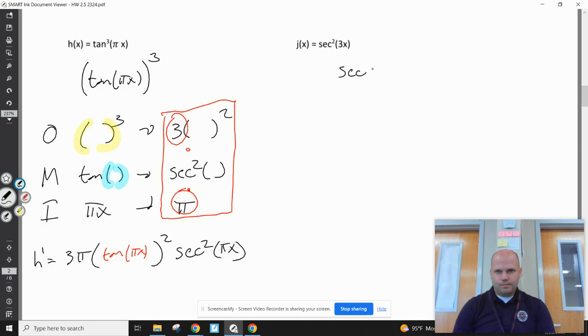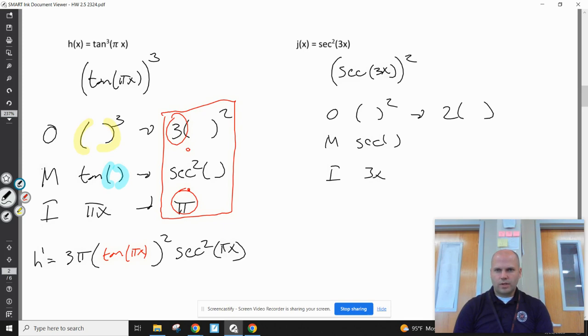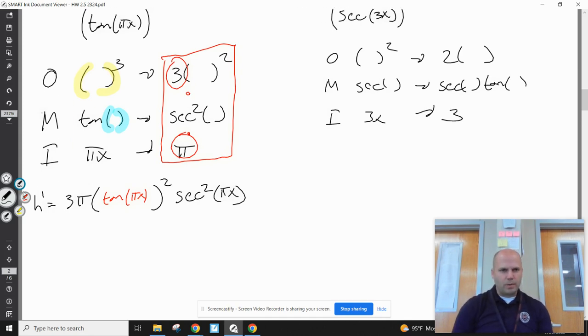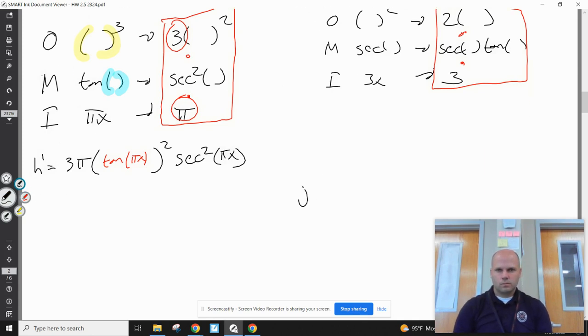All right, last one. And then we get to move on. OMI squared secant 3x, 2 parentheses, secant parentheses, tangent parentheses, 3. The 3 and the 2 all multiply together to get 6. 6.